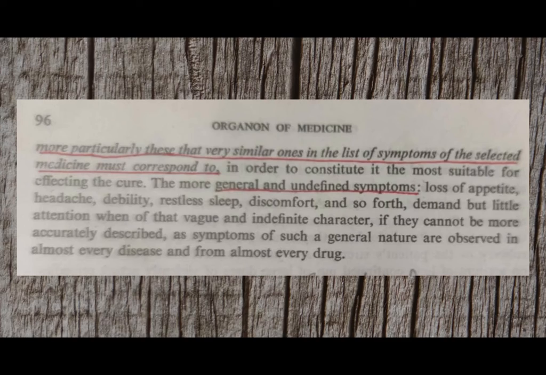Where there is no history of high fever, just a malaise, and more general and undefined symptoms are there, by general I mean Hahnemann's general, not Kent's general, this is an indication of low susceptibility.